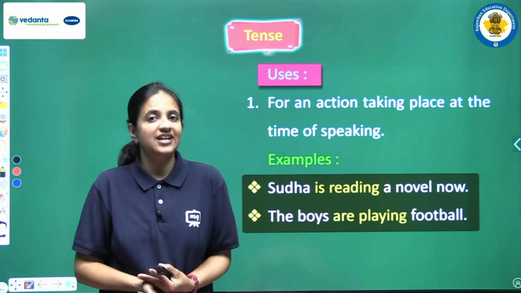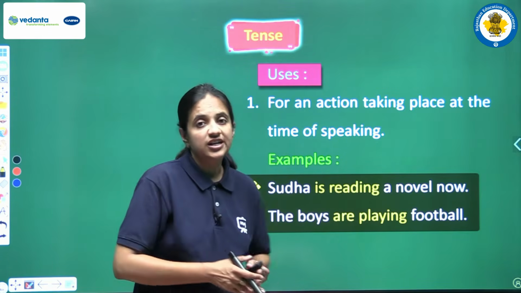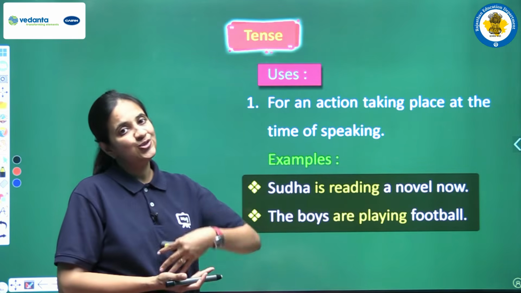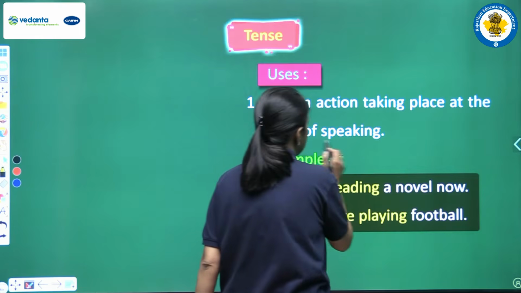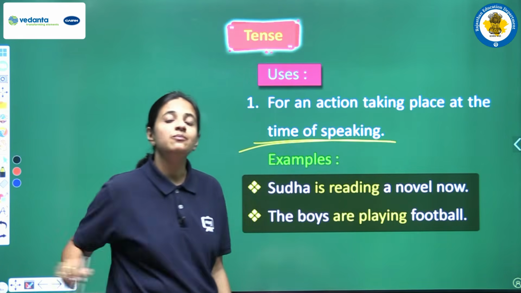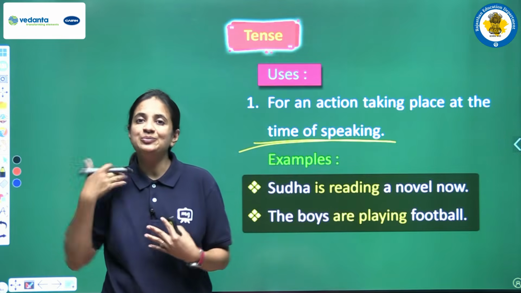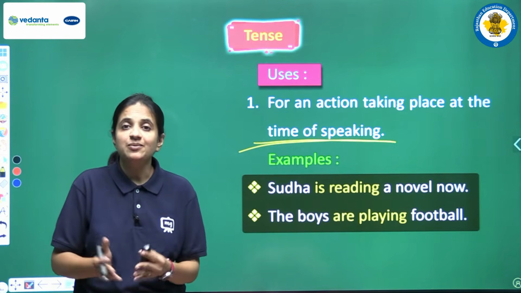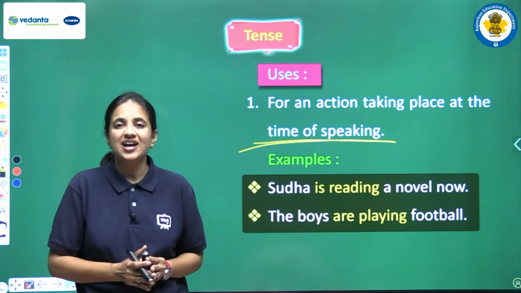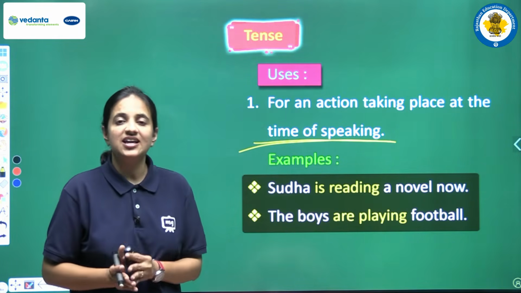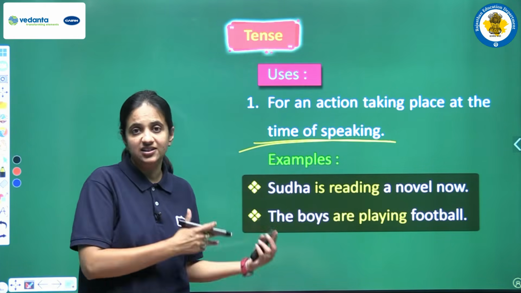So this tense is used to show one of the works that is taking place at the time of speaking. So what does it mean? Time of speaking means right now, when we are saying something, at that moment when some work is going on, at that time we use present continuous tense to express that work. So let's see some examples to clear this.